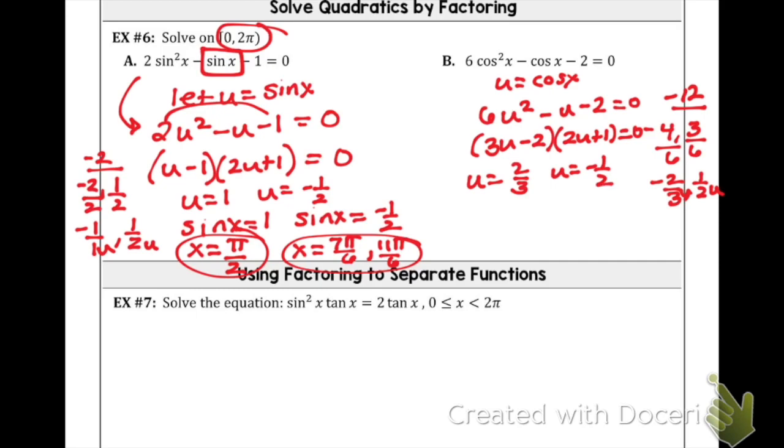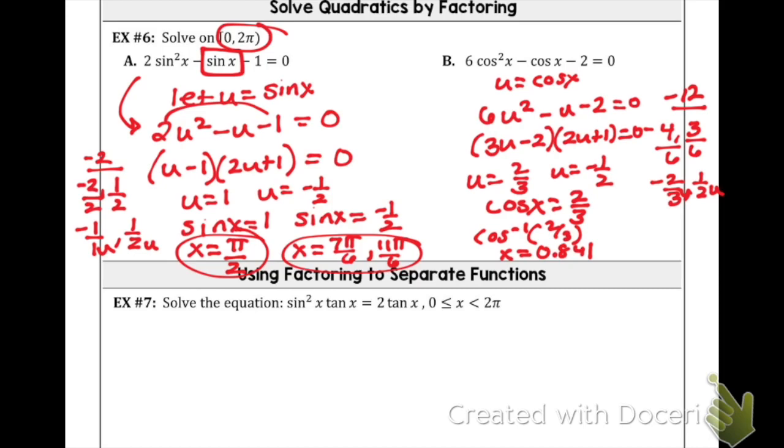My u was cosine, so we need to figure out when cosine x is equal to 2/3. So that's going to be a calculator thing. I have to do cosine inverse of 2/3 on my calculator. And that should get us about 0.841.